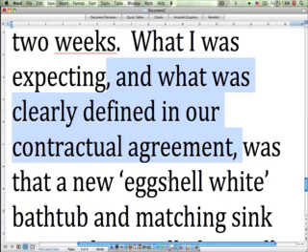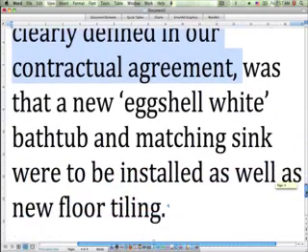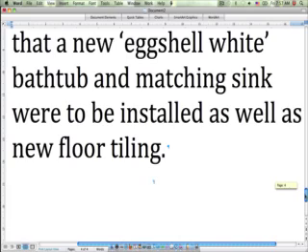So we're just saying that we were expecting something that this construction company was under contract to finish: that a new eggshell white bathtub and matching sink were to be installed, as well as new floor tiling.